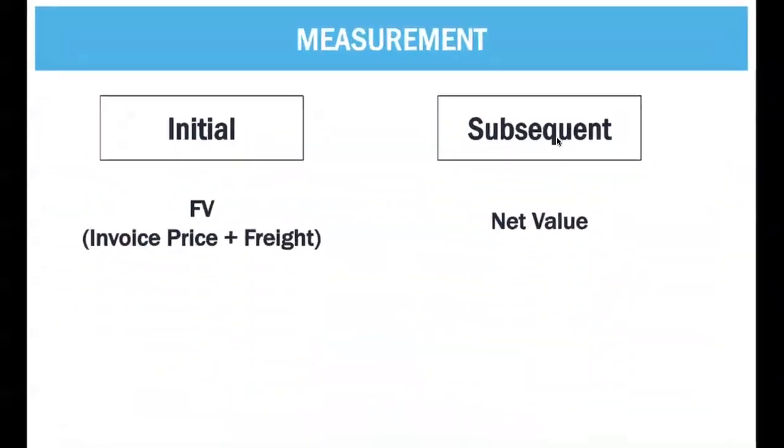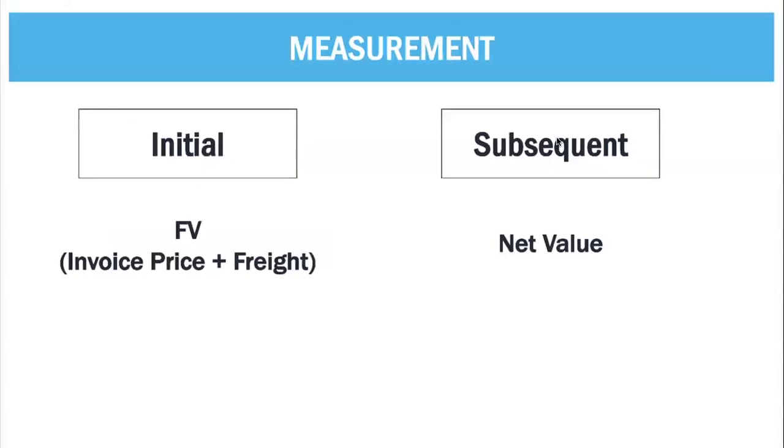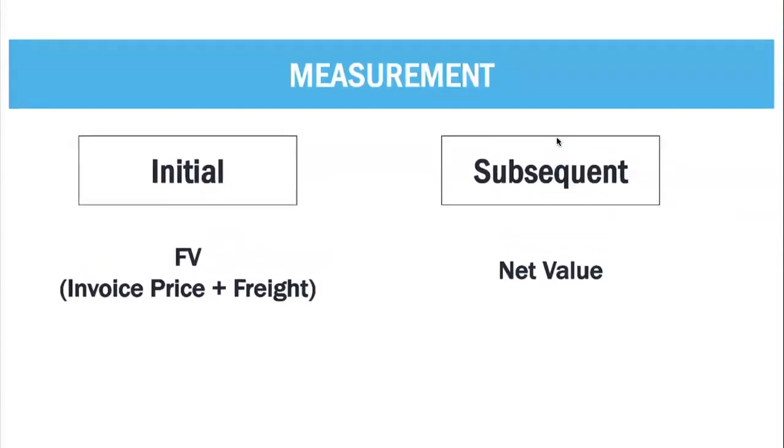Next, we look into your measurement. Just like any accounts that we need to learn, we always take a look into these items. Remember, in accounting a particular line item, there are three important things that you need to learn. First is the recognition. When do we recognize it? We're done with this. This is when the performance obligation is satisfied. Another thing that you need to look at is the measurement.